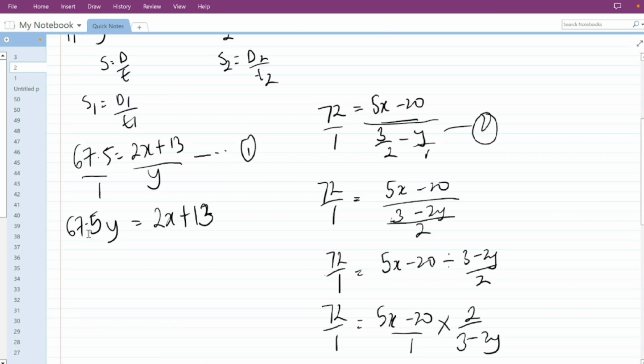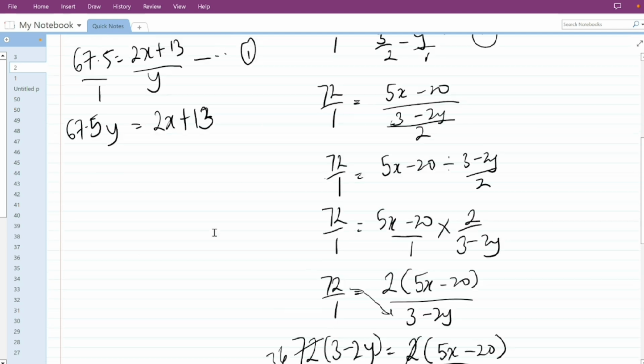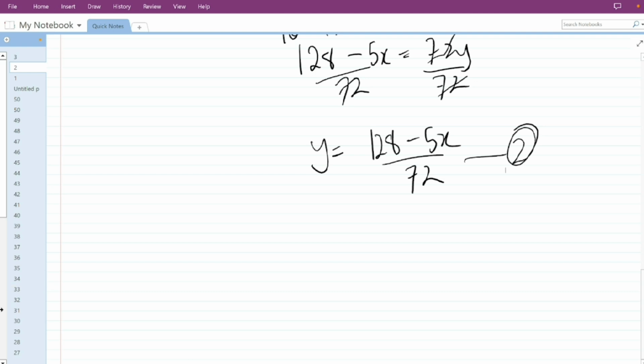Going back up, we know this is our equation 1: 67.5y equals 2x plus 13. So we write it down here, 67.5y equals 2x plus 13. That's our equation 1. We can now substitute equation 2 into equation 1.